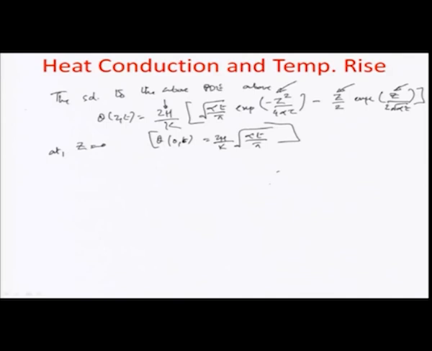So, the total amount of theta at distance z equal to 0 on the surface at any point of time is actually twice h by k root of alpha t by pi, where obviously k is the thermal conductivity of the material which is to be machined, alpha is the thermal diffusivity, t is the time of the whole machining process, and h is the total amount of heat flux which comes in the system. You can talk about the heat flux as the amount of power per unit area that is coupled to the surface, the work surface.